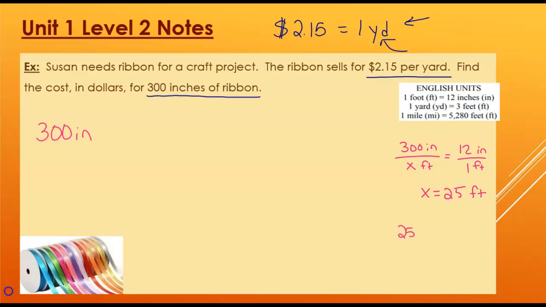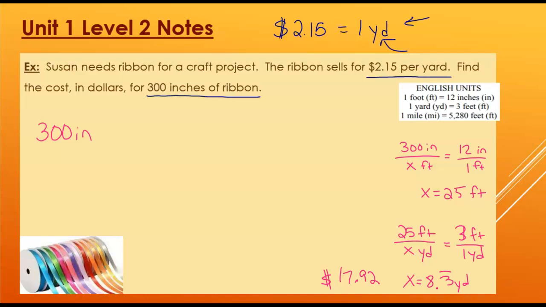So then we could take our 25 feet is how many yards, and we know that there's 3 feet in 1 yard, and we would cross multiply that, and we would get a decimal as 8.3 repeating, and that's how many yards there was, so we would times that by 2.15 and get about $17.92, roughly that.